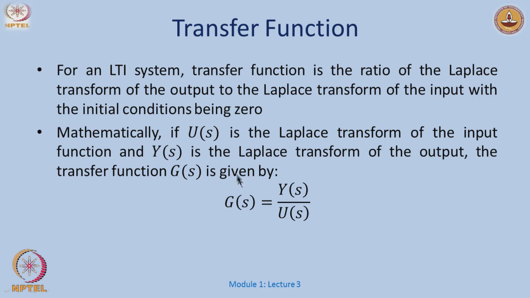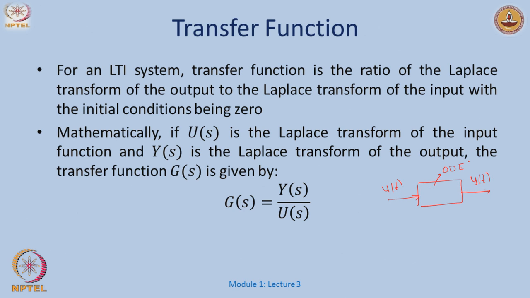Mathematically, if U(s) is the Laplace transform of the input signal or input function, and Y(s) is the Laplace transform of the output, then the transfer function G(s) is Y(s) divided by U(s). Okay. So, how does this look? I have an input u(t) and an output y(t), and some system sitting here, represented say by an ordinary differential equation.